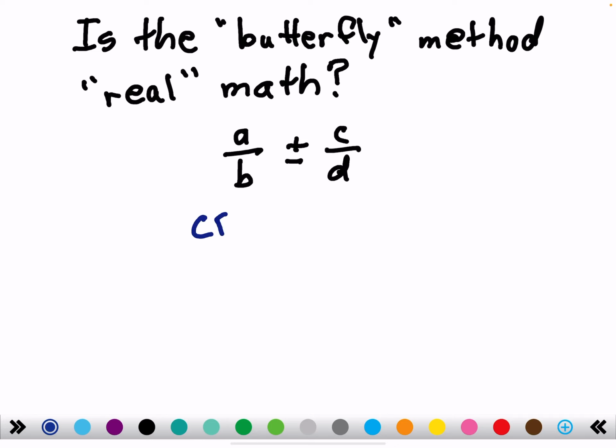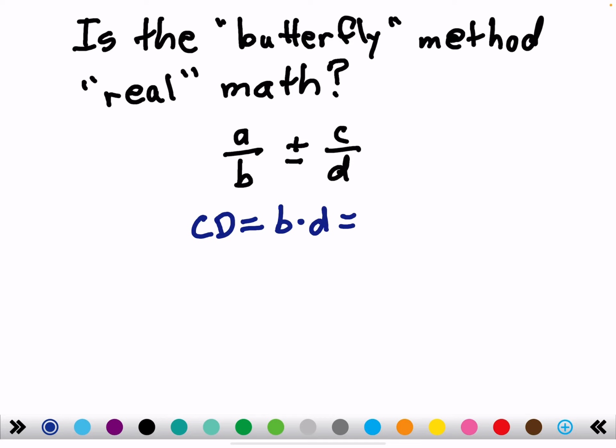Whatever is on the bottom of a fraction is the denominator. And here our denominators are b and d. To add or subtract fractions, we have to have a common denominator, which is abbreviated as CD. So when you have variable denominators, you just multiply them together most of the time.